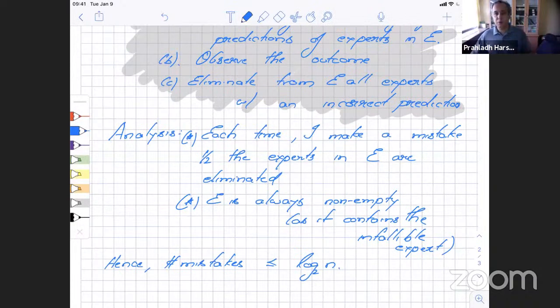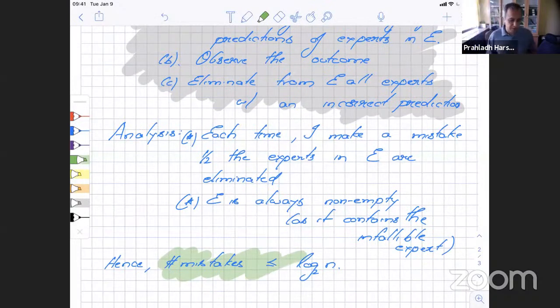You have found out who is the infallible expert, or it possibly so happens that there are some other experts who manage to get it correct. They are not infallible, but at least for these decisions, they've all got it correct. So the game proceeds, but you make at most log n mistakes in the full game. Is this clear? This is a warm-up case. In this case, the number of mistakes is at most log n.